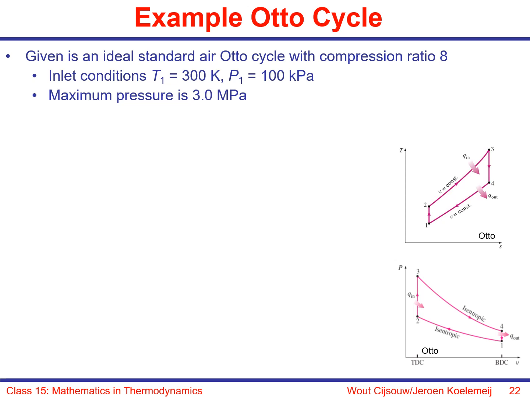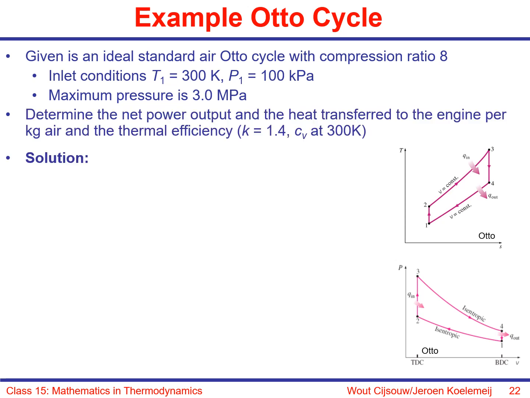We're talking about a cycle with a compression ratio of 8. The inlet conditions are a gas fuel mixture at 300 Kelvin at about atmospheric pressure, whereas the maximum pressure during a cycle is 3 megapascal.